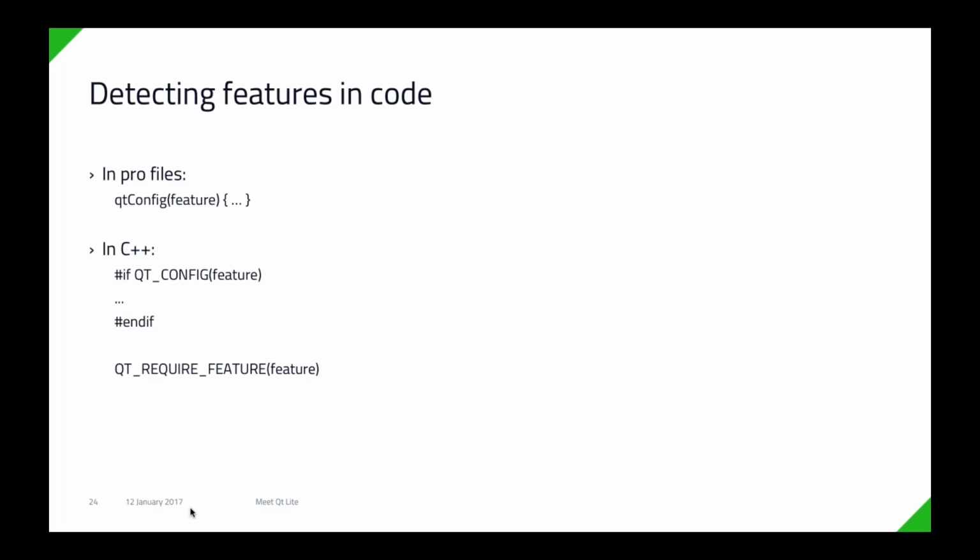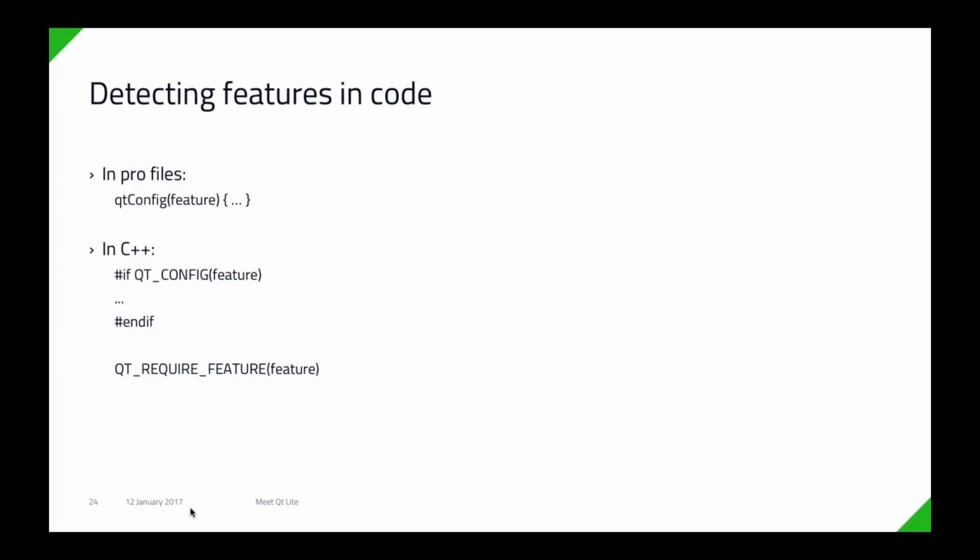So you will notice when you misspell something, so that you don't accidentally include code that should not be included. We also have a second macro, QT_REQUIRE_CONFIG, which basically translates to a static assertion. At this point in the source file, the feature has to be available. If it's not, give me a compile error.